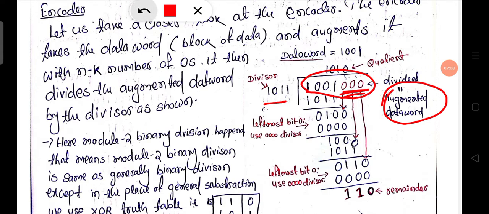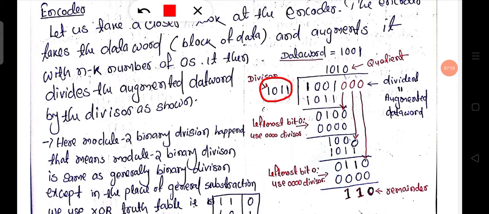Then we divide that by this divisor, but here the division is not simple binary division. It is modulo-2 binary division. What is modulo-2 binary division?